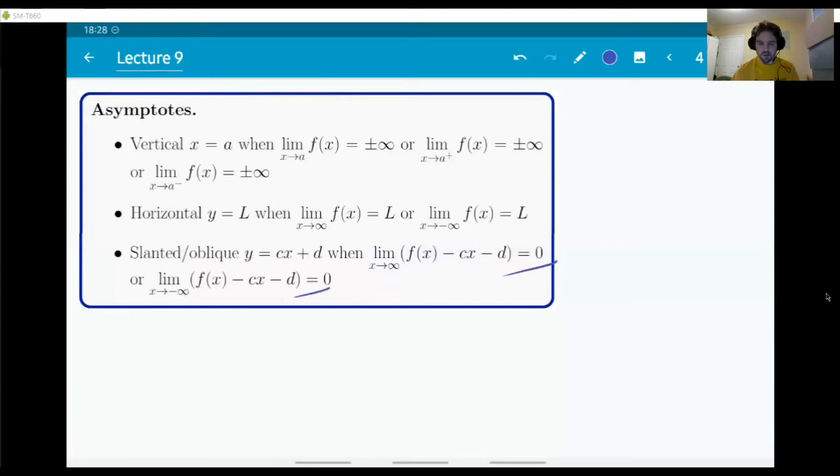So this basically means the function is getting closer to the line. That's how we check for slanted asymptotes, but we actually haven't done much about this, and you don't need to worry about this concept. We'll be focusing on vertical and horizontal.